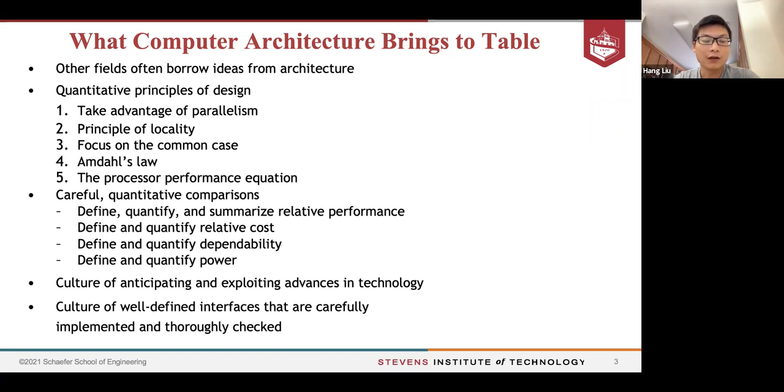Define and quantify relative cost, right? Define and quantify dependability. We have the five nines, if you remember the availability, mean time to failure, mean time between failures, mean time to repair. Define and quantify power and energy, okay? That inspires DVFS, dynamic voltage frequency scaling, right? The culture of anticipating and exploiting advances in technology, right?